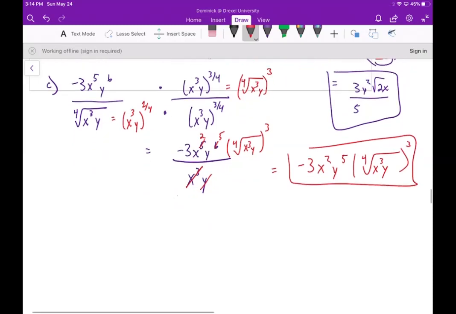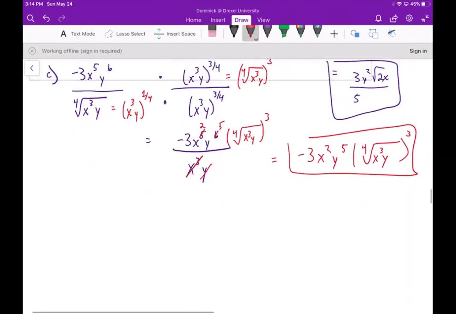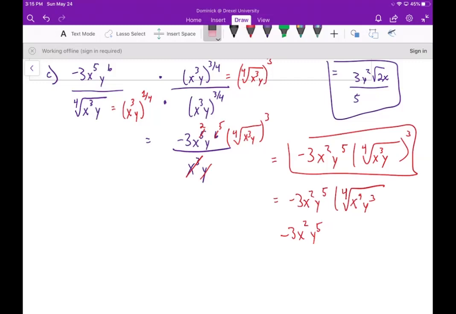And actually, if you really wanted to, you could continue this even further. You could say that this is negative 3x squared y to the 5th, and then the 4th root of x to the 9th y to the 3rd. Or sorry, I want to rewrite this as x to the 9 over 4, y to the 3 over 4.